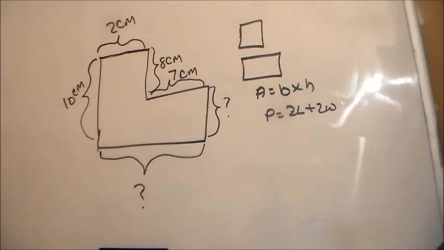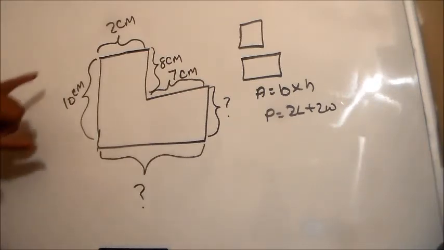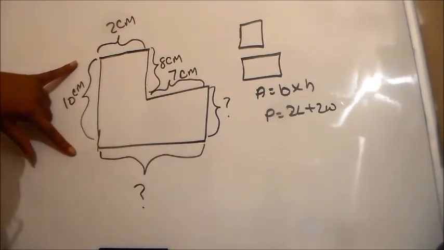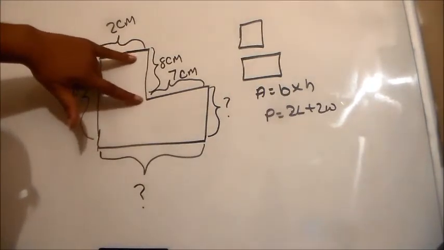So the perimeter can be worked out pretty easy, but the area is going to be a little different, and I want you to work it out a certain way because I don't want you to get lost in the sauce, and I want you to keep structure to how you approach this. So what we do know is that the whole top to bottom of this figure is 10 centimeters, and this is 8 here.